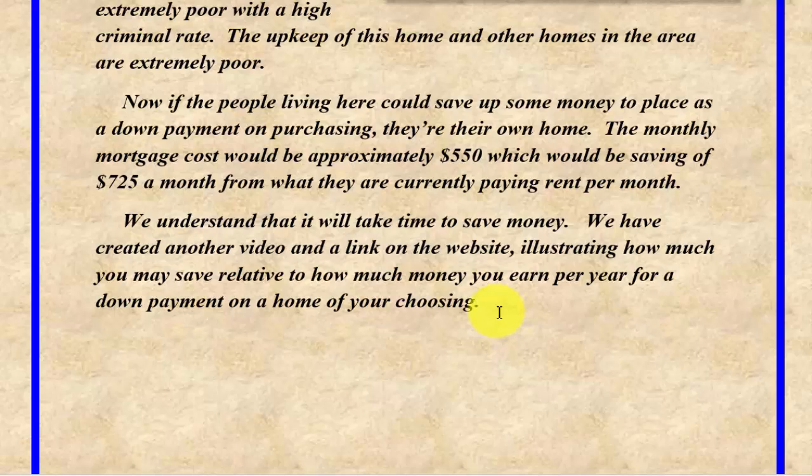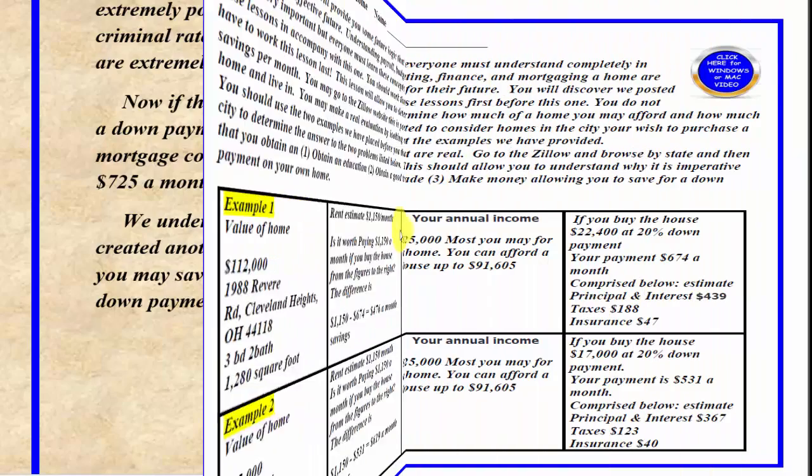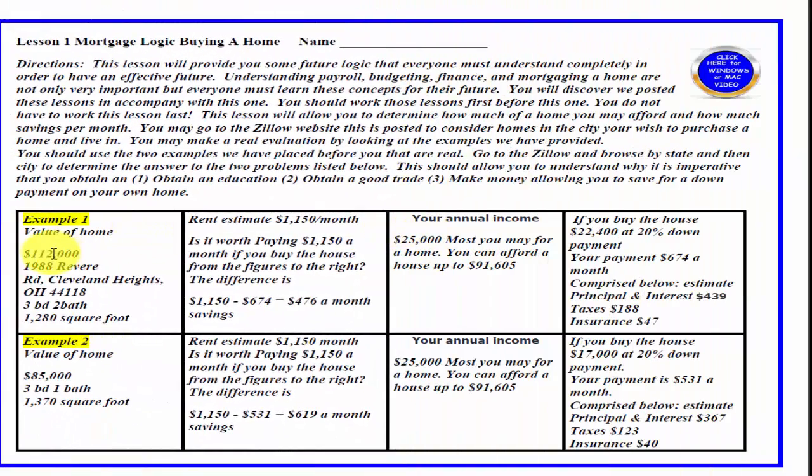Remember, this is true. I just could not show you the home and where it is because legally that would not be proper. Now, if you recall, the house we looked at before is $112,000, and we're able to afford up to $91,000, but you can squeeze by.